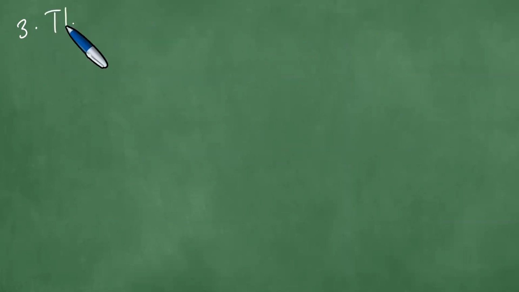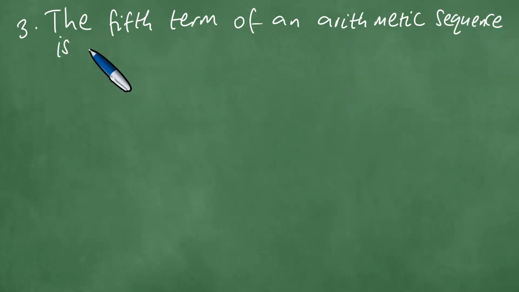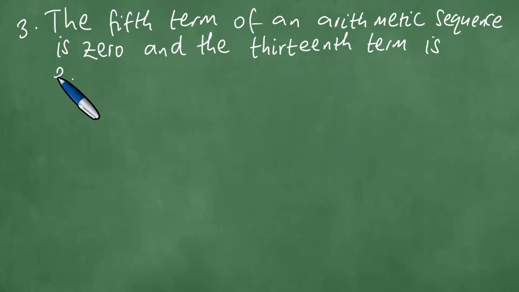the 5th term of an arithmetic sequence is 0, and the 13th term is equal to 12.